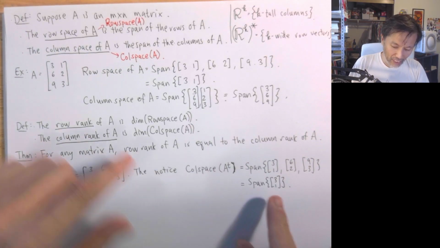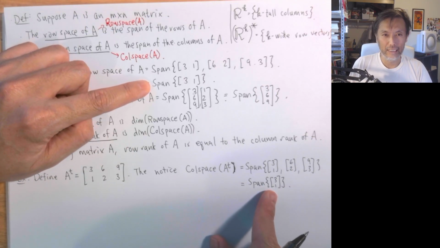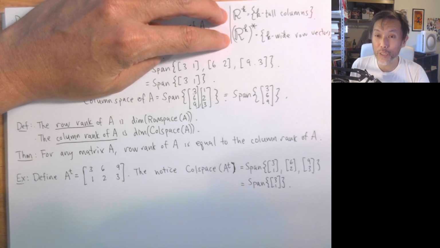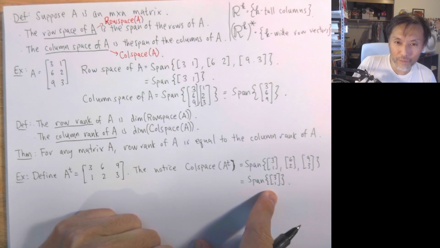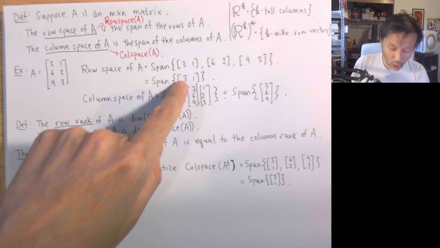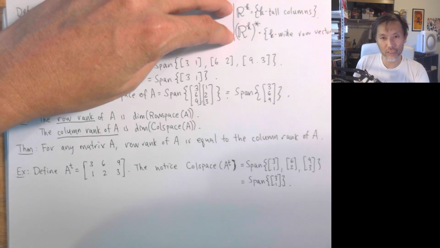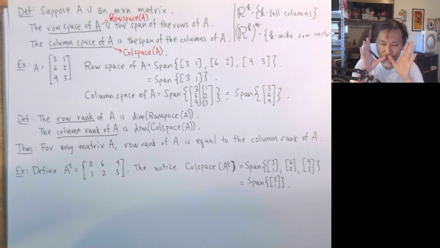Now, you might be saying to yourself, whoa, doesn't that mean these are the same? But this is where that issue is coming up. I sure would like to say that they're the same. But the problem is that this is a column vector here, and that's a row vector there. So it feels like they live in different universes, but they're really kind of the same universe. Is that a fair thing to say?